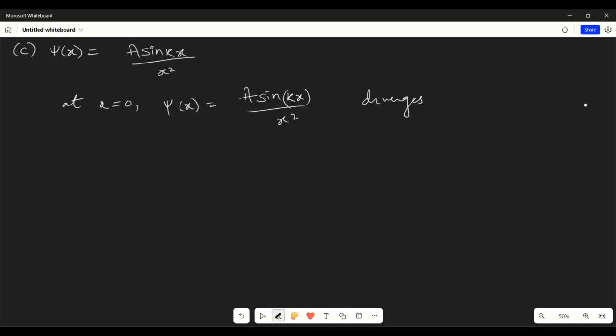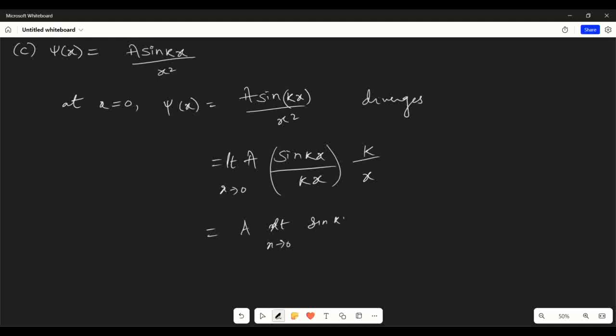So we can also look at this as A sin(kx)/(kx) times k/x. We have multiplied the numerator and denominator by x, and now let's take the limit when x tends to 0. So A, limit x tending to 0 of sin(kx)/(kx), and limit x tending to 0 of k/x.